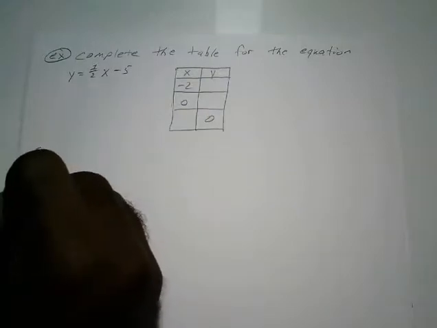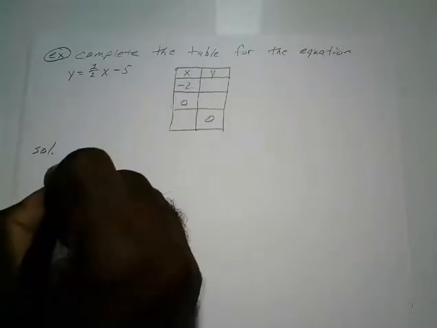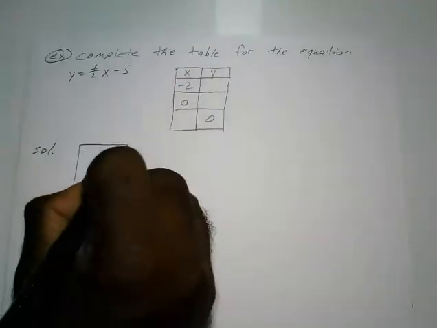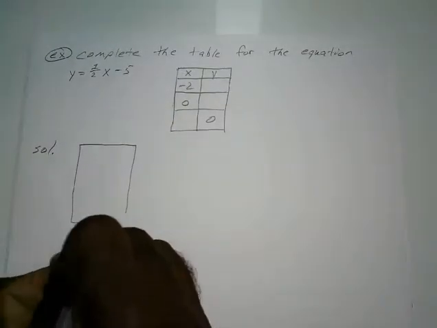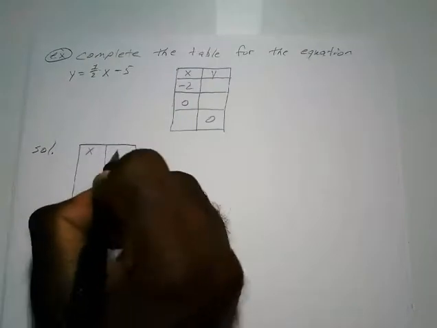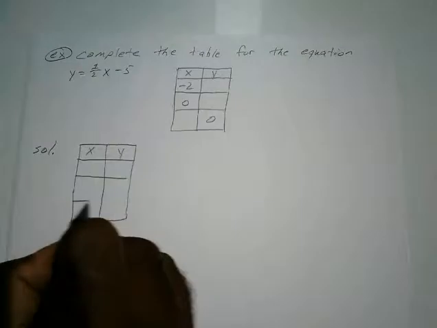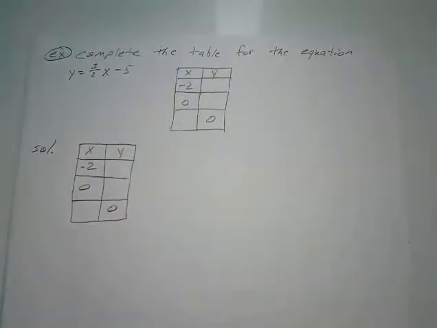All right, so just like in the previous example, we're going to go ahead and redraw our table. So if we have our x here and our y there, we have a -2 here, a 0 there, and a 0 there.